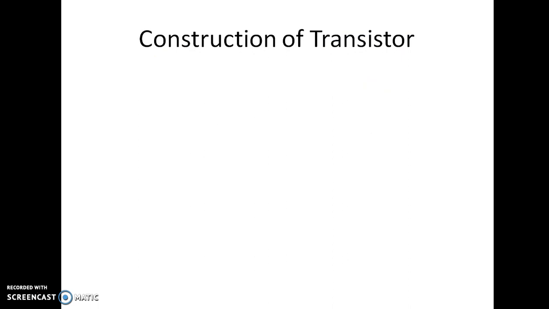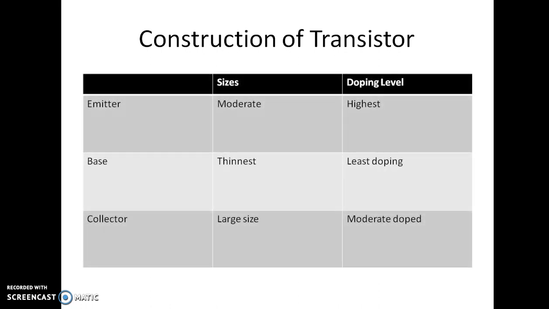Now the construction of the transistor. In construction, we mainly focus on two parameters: first the size of the transistor, and second the doping level of the terminals. That is, the size of the emitter, base and collector, and also the doping level of each. The size of the emitter is moderate and its doping level is highest.